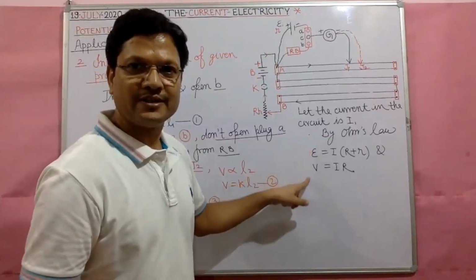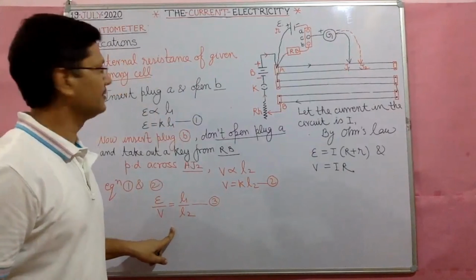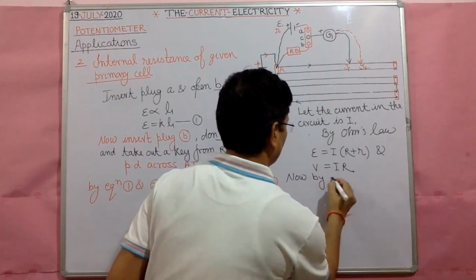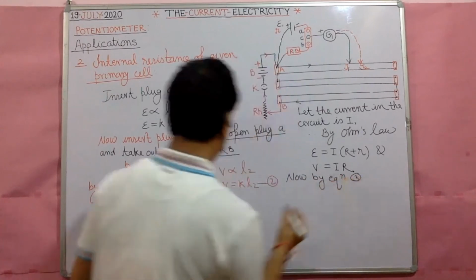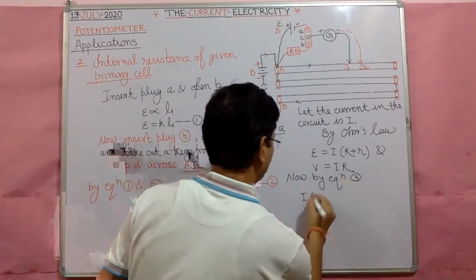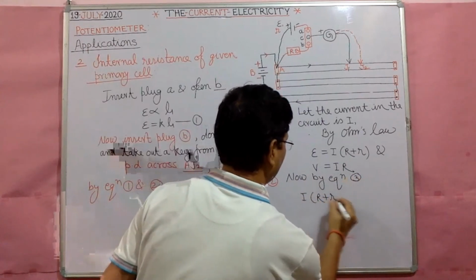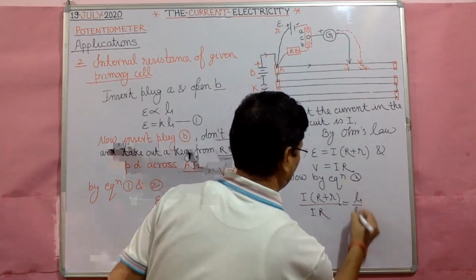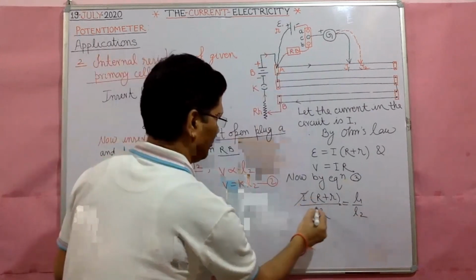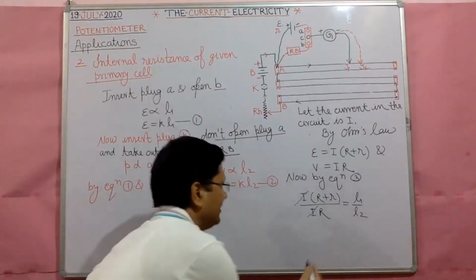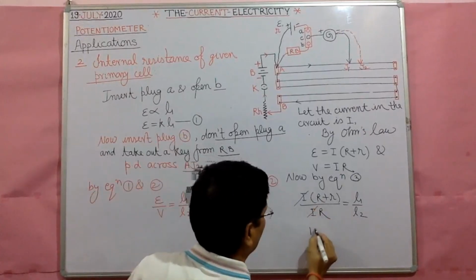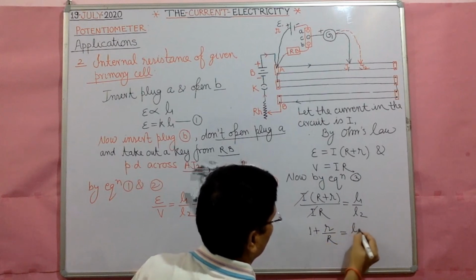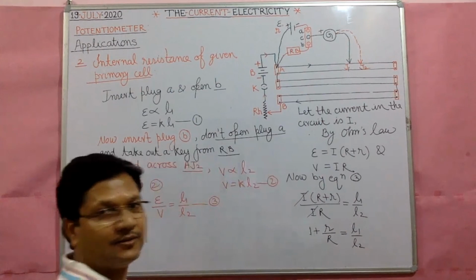So now substituting these two values in equation 3, we get I (R plus r) upon I R is equal to L1 upon L2. I cancels out, and this can be written as (R plus r) upon R, that is 1 plus small r upon capital R, is equal to L1 upon L2.